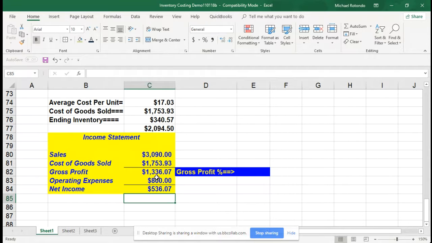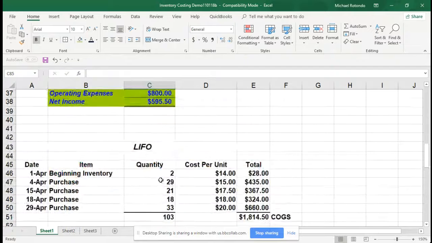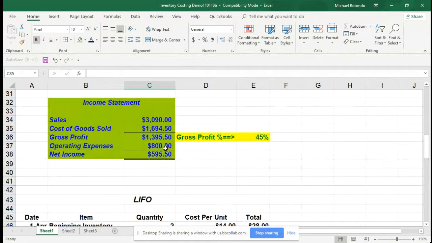And when we did LIFO, remember, we should have the lowest net income because we have the lowest gross profit. And again, the reason for that is because we're selling the newer, more expensive goods first when prices are rising. But FIFO should be higher because we're selling the older, less expensive goods first when prices are rising.